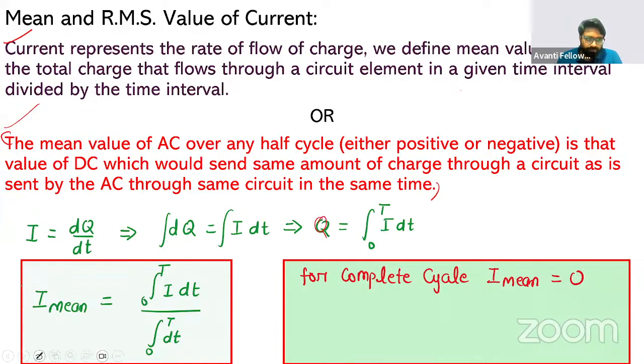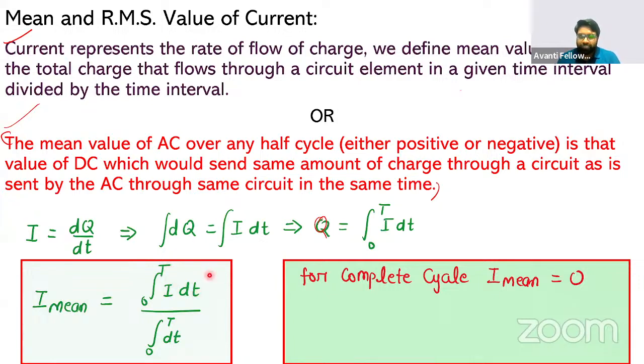Just a second. So here this is dq. dq is the amount of charge that is flown for time dt, small dt. So to get the total charge, we just integrate it over the period of time 0 to T, and what we get here is I mean equals the integral from 0 to T of I dt.